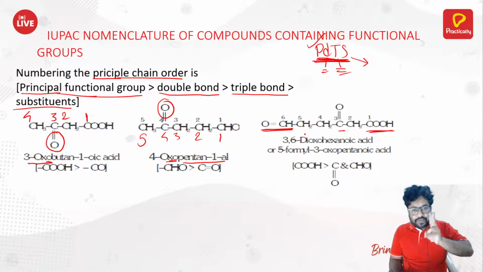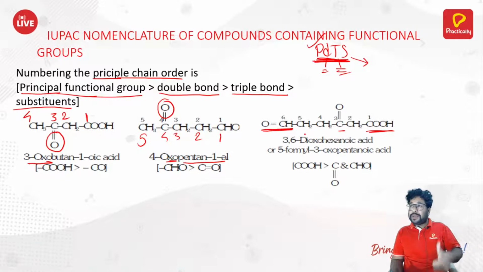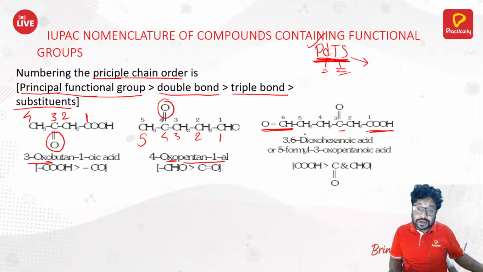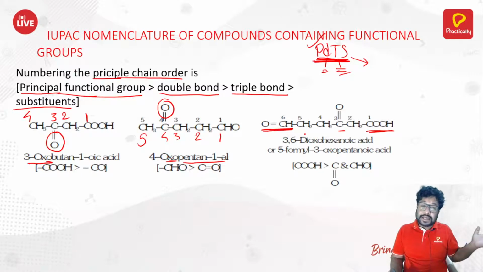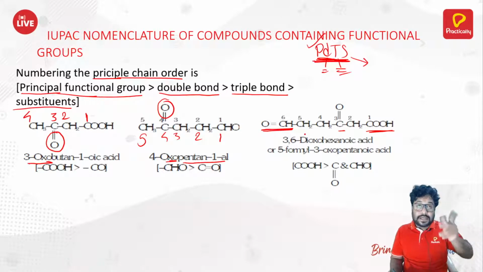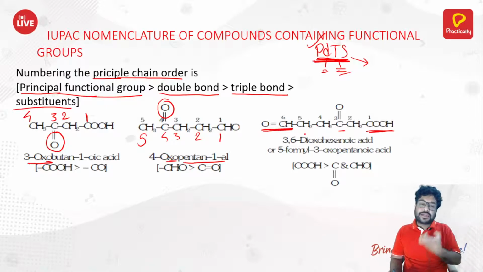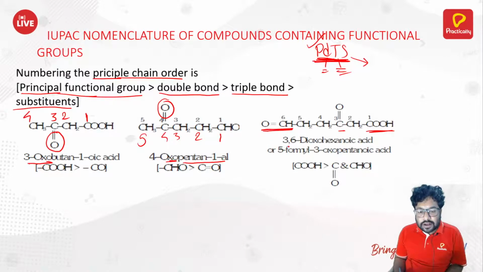And oxo group is present at third as well as sixth position. If it is at third position, it's a ketone obviously. But if the same oxo is at the sixth position, that means it can't be ketonic group, right? Ketonic group is not chain terminating. That means at the sixth position, it must be C double bond O H. Okay. So it's self-explanatory only. So that is how you write 3,6-dioxohexanoic acid.